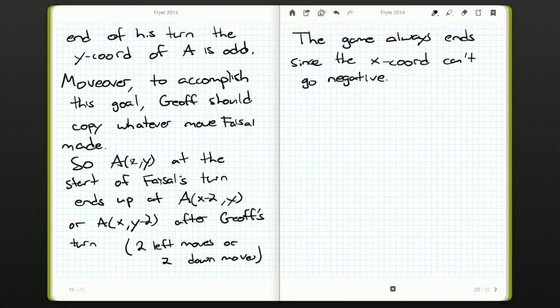Since we can't keep going left all the time, eventually we'll have to start going down. And that means the game will always end.